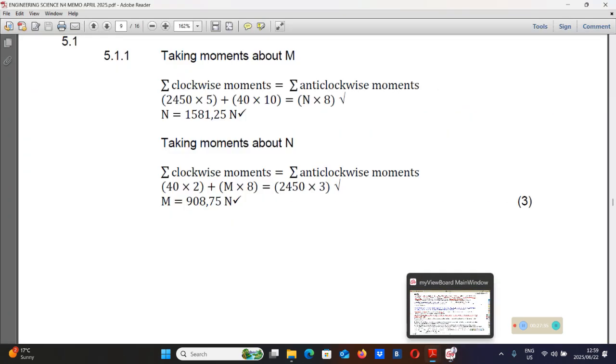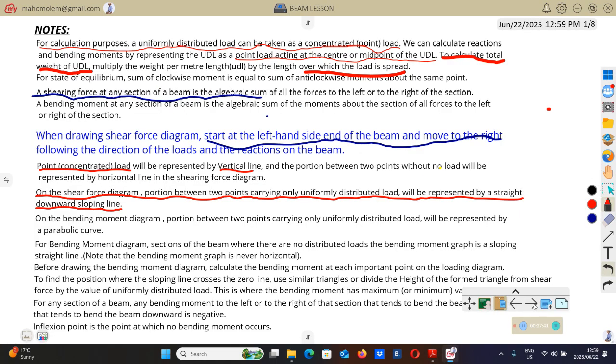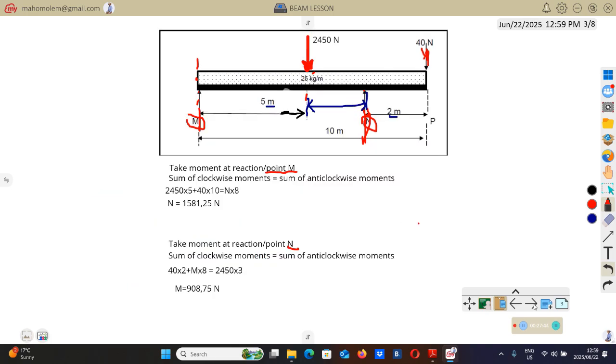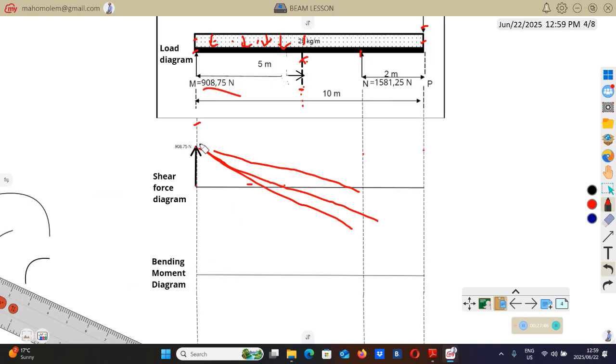That's why I'm not going to draw a horizontal line, I'm going to draw a sloping line like this. As long as there is a UDL between this point and this point, you must draw a down sloping line. We don't know where this line is going to end. It might go to here, or here, or there.